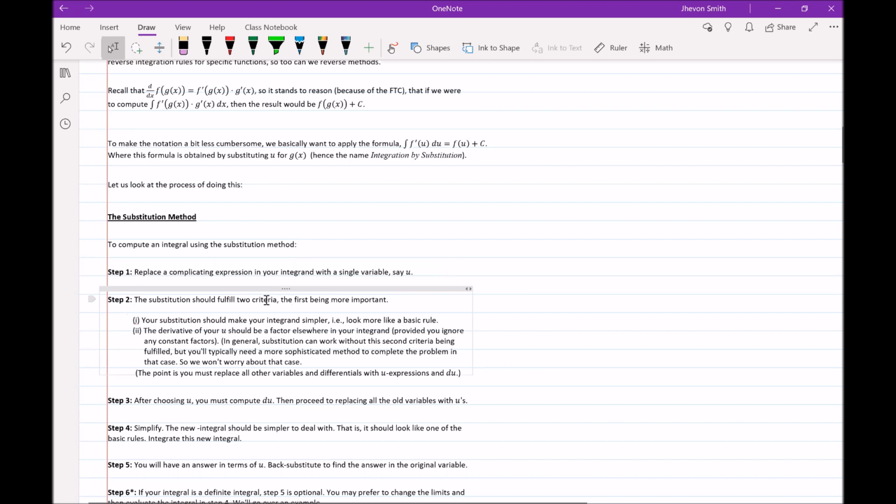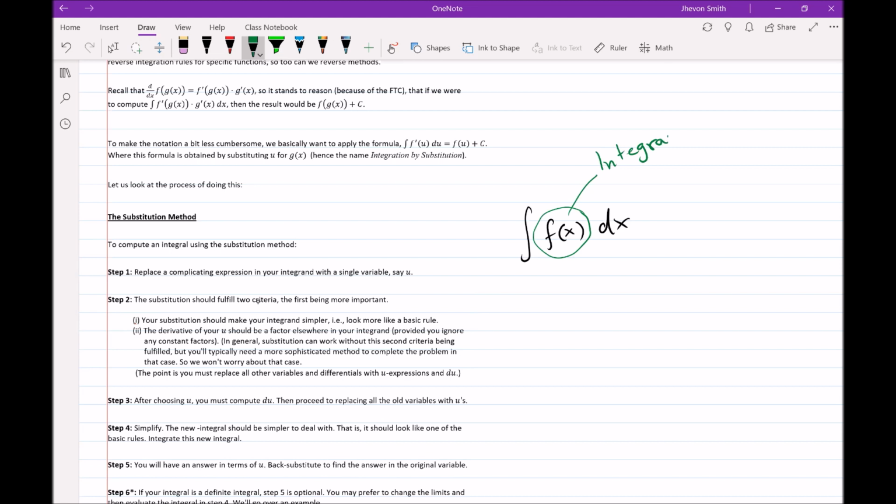The substitution should fulfill 2 criteria. 1, it's going to make your integrand, remember integrand is the function in an integral like that. So here's your integrand, right?